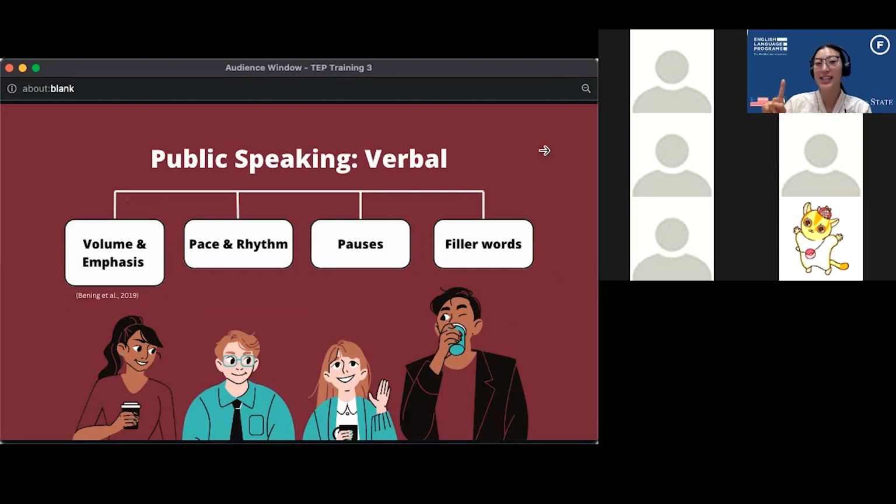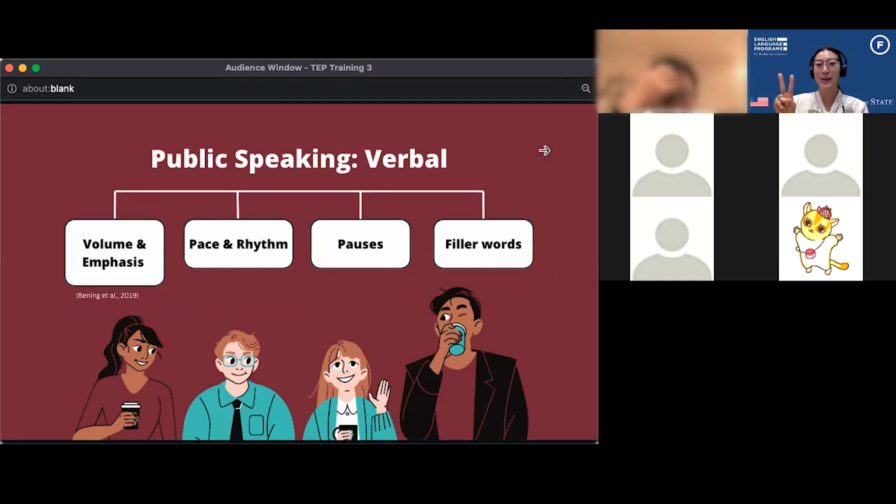So I will share what are the 4, and then I will talk about each one in detail. The first one is volume and emphasis. Then we have pace and rhythm. Third is pauses. And finally, filler words. So these are the 4 areas of the verbal public speaking skills. Now, one thing I want you to remember is when I teach this, I'm specifically talking about presentations or public speaking.